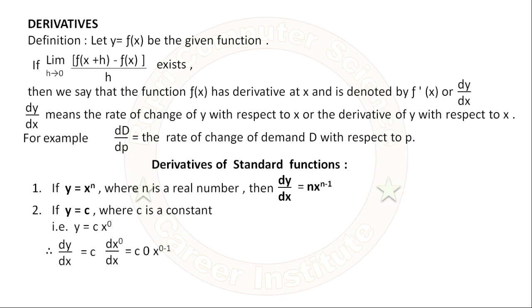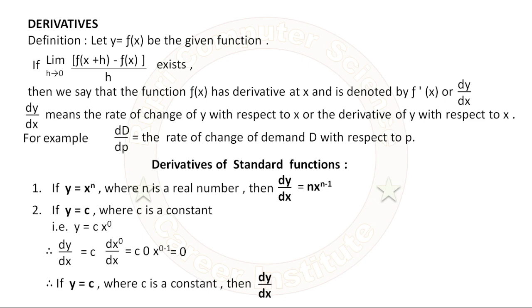Therefore, if y is equal to c, where c is a constant, then dy/dx is equal to 0. Follow this? The constant function already has derivative 0 in the formula, but I have just explained how it comes about.